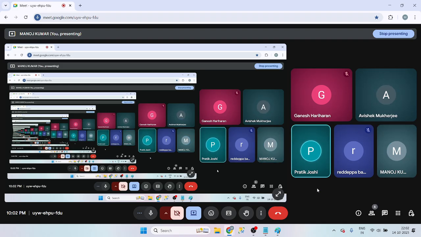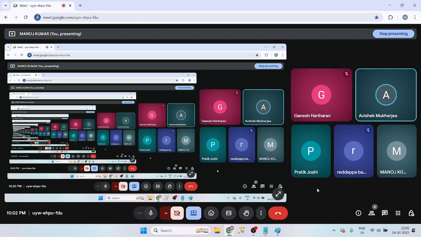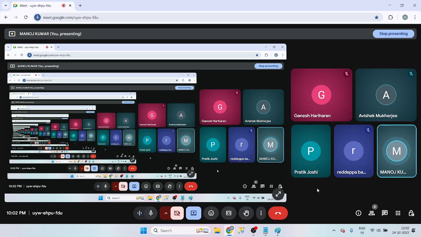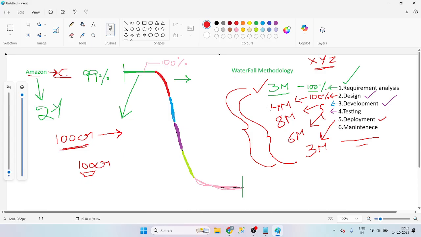Yes, it will add interest. Yes, I can get a single rupee, right? But if I keep 100 CR in the waterfall project, can I get a single rupee? No, because waterfall methodology is a time taking process.